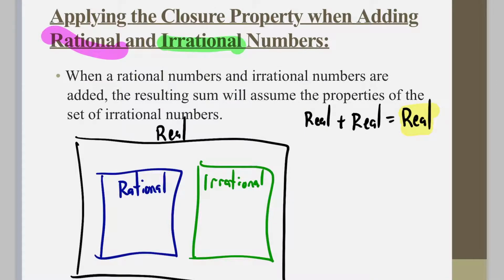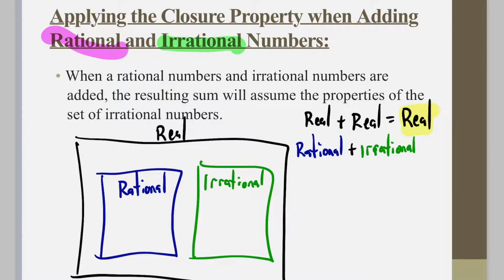What properties will it have when we add that rational number to an irrational? So we do know already that a rational number is a real number.